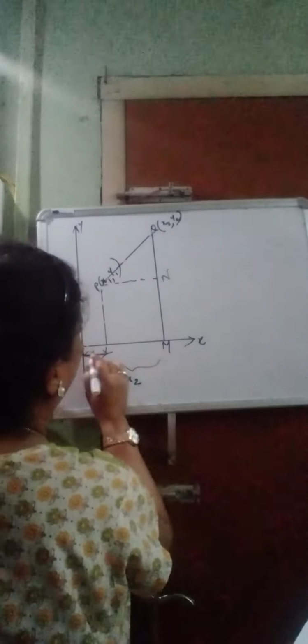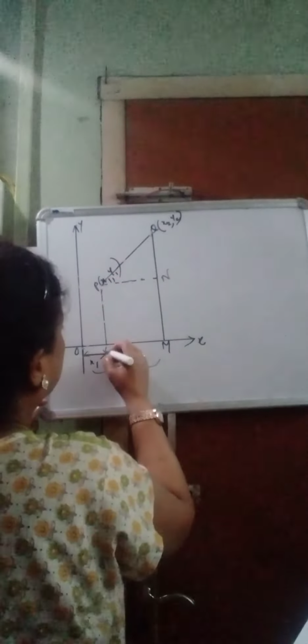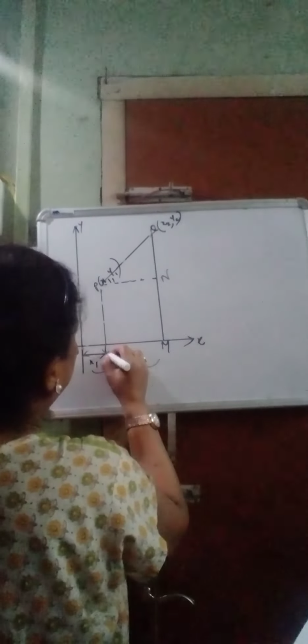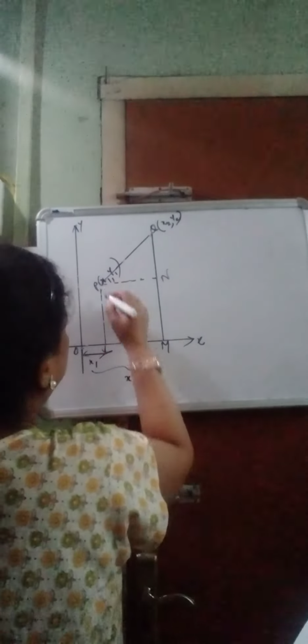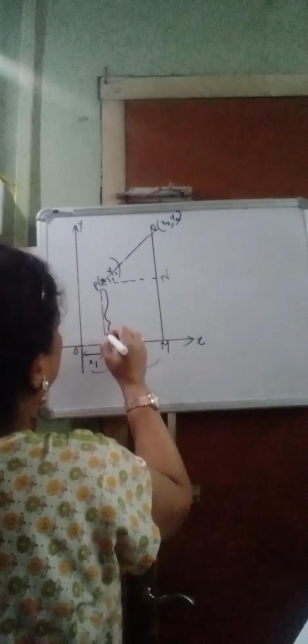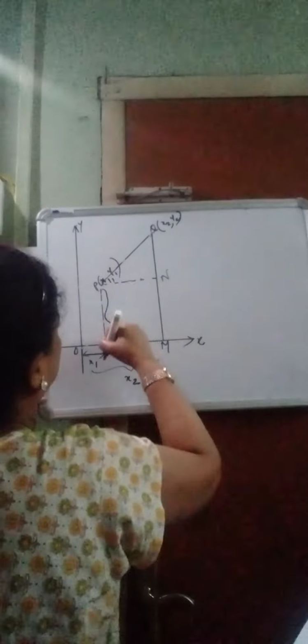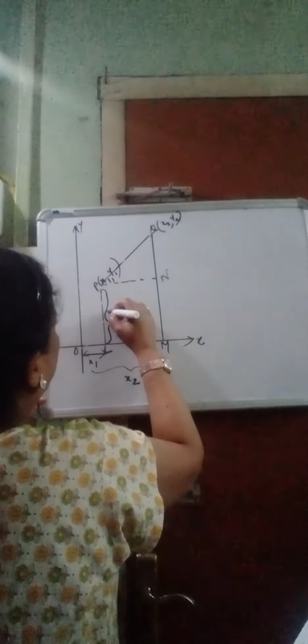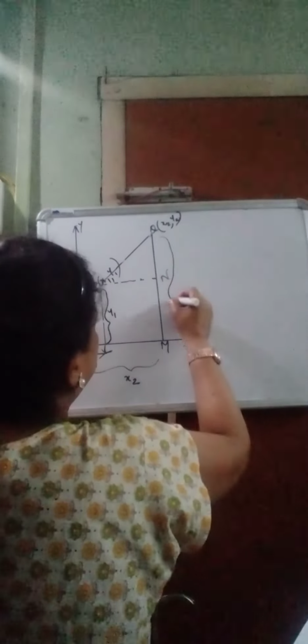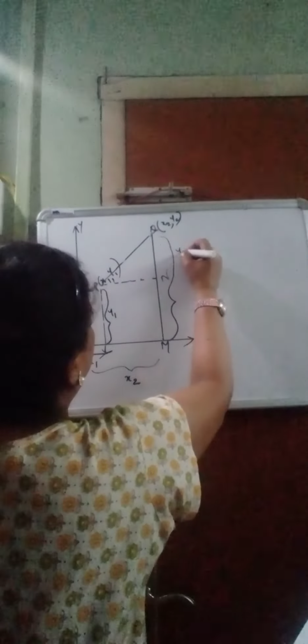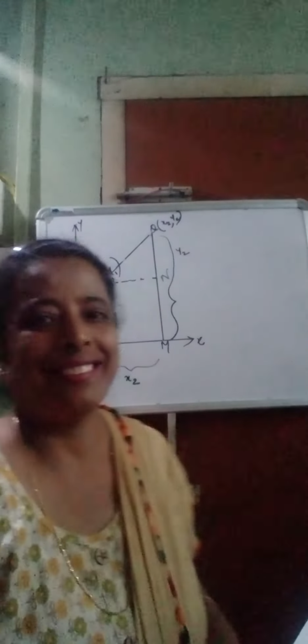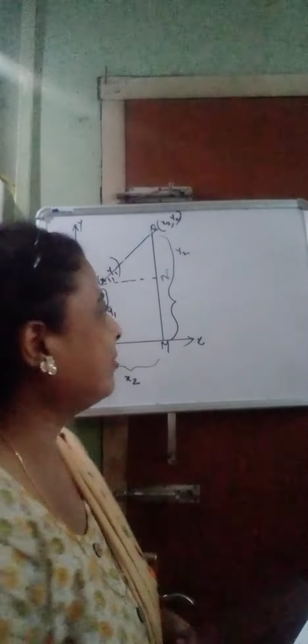Similarly, the measurement of PL, since P is perpendicular, is y1. And the measurement of QM is y2. Okay.